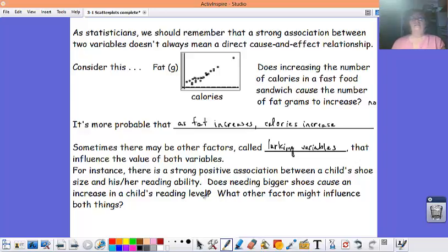However, aging does. As the child ages, or as they get older, both the shoe size and the reading ability go up. That's a lurking variable, age. Both reading and shoe size are affected.